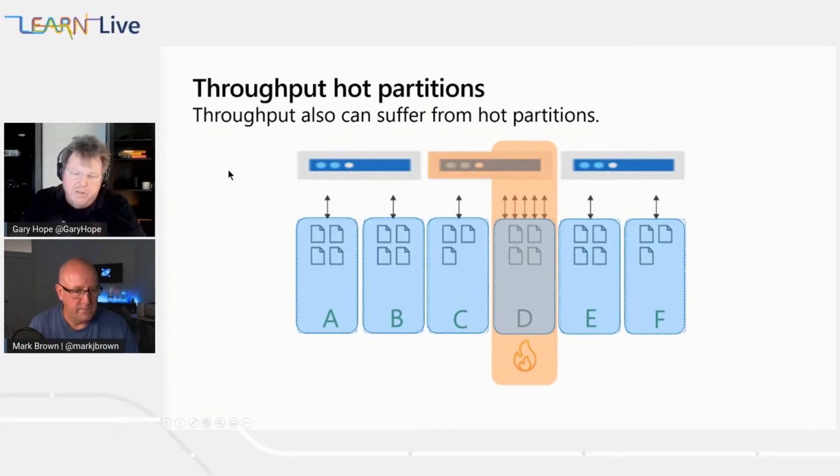If I provisioned 30,000 request units across these 3 physical partitions, Cosmos DB is going to divide those resources out evenly across this environment. And I'm going to end up with 10,000 request units per second across each of these physical partitions. That means that any operation that is associated with just a subset of these logical partitions will only be able to use the 10,000 request units that's allocated to that physical partition.